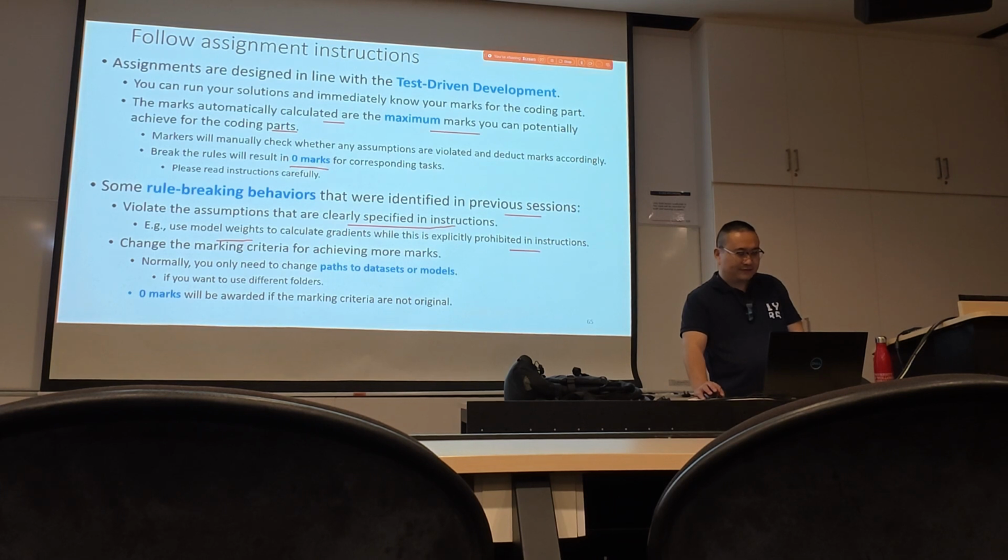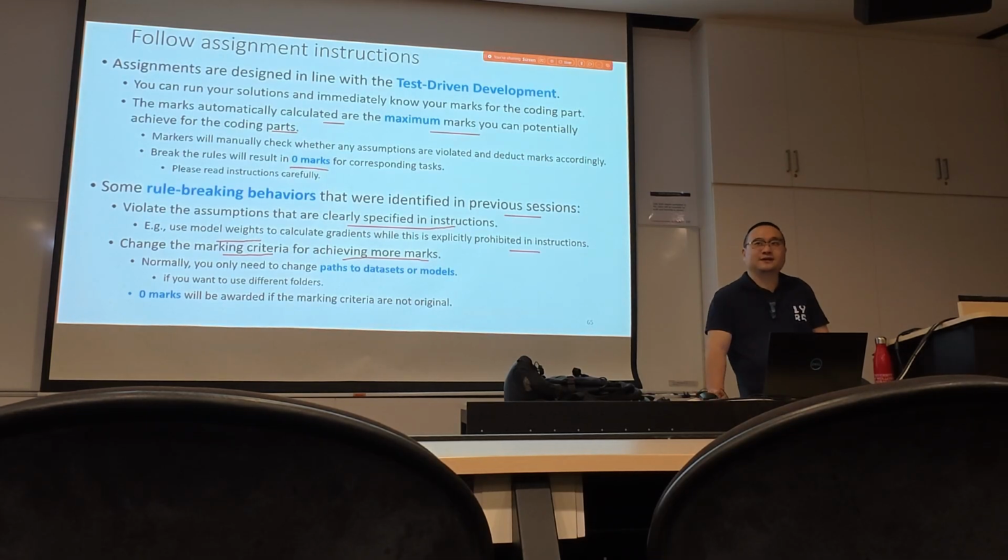Also, we have previously identified that some students change the marking criteria to achieve marks. This will result in 0 marks, because we need to make sure that the criteria are original and that it is fair for every student.